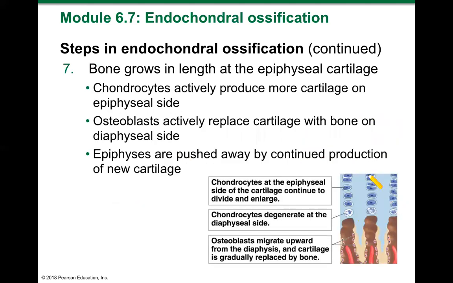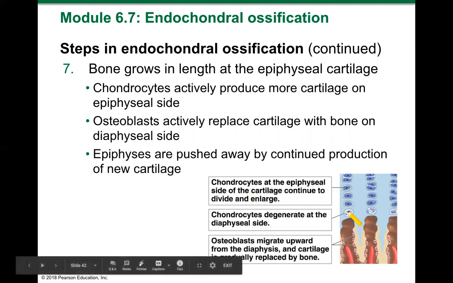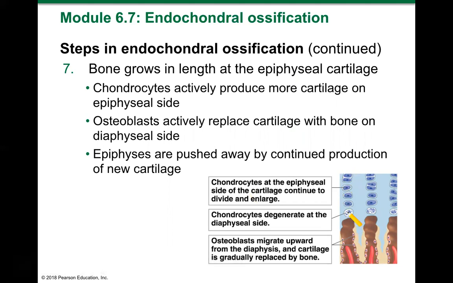And at that epiphyseal plate, you have these chondrocytes, which are producing more cartilage. They produce more cartilage at the epiphyseal end, and then at the diaphyseal end, they're starting to degenerate.